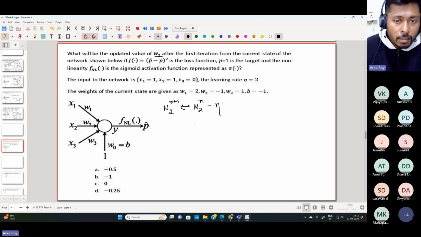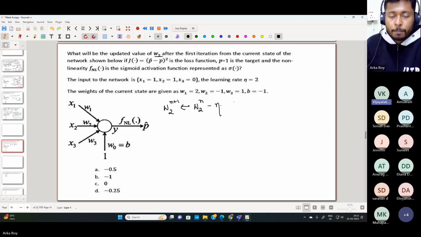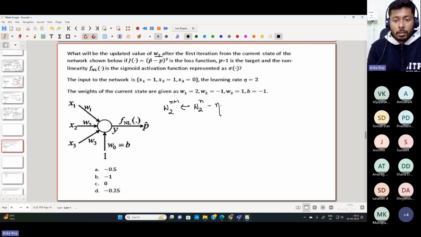Don't go to the final answer at once. Del J by del W. Yeah. So del J divided by del W2. So this is the equation of the gradient descent rule.